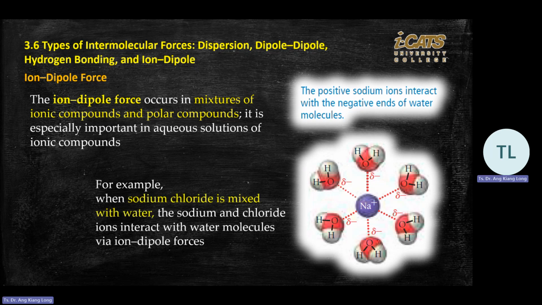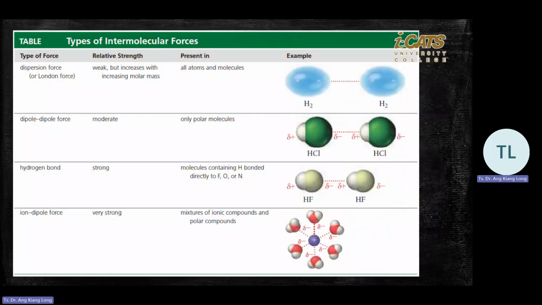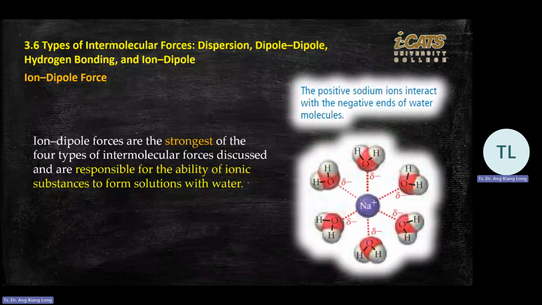Sodium chloride mixed with water will have ion dipole. For example, you take water and NaCl, salt, it will form an ionic compound. This is the strongest, as I mentioned since the beginning of the class. It's the strongest among the intermolecular forces.